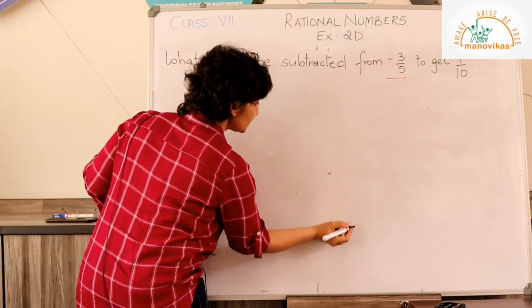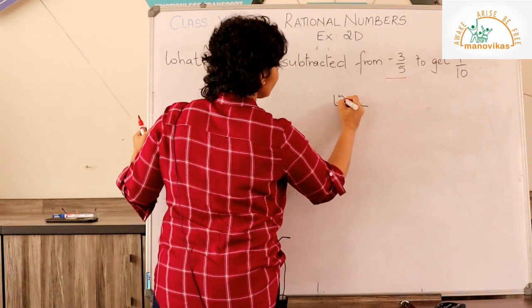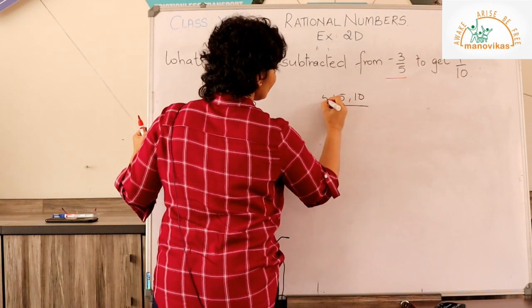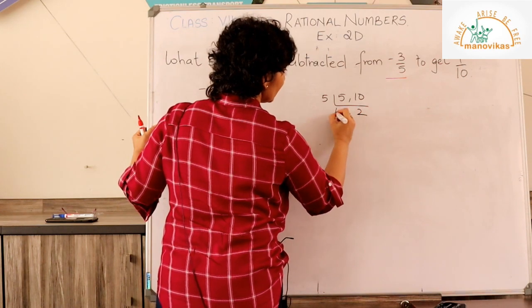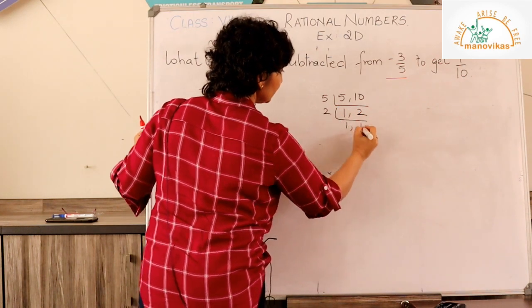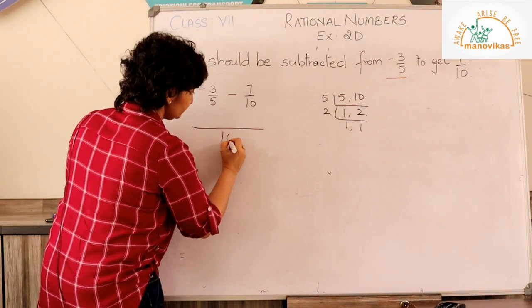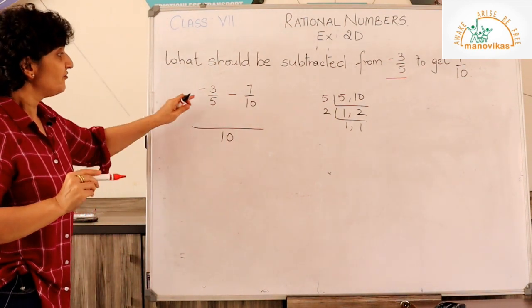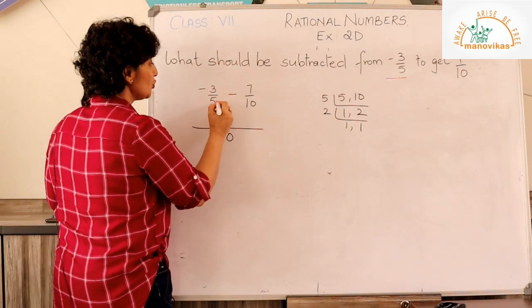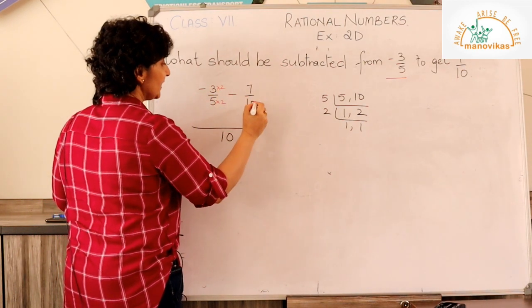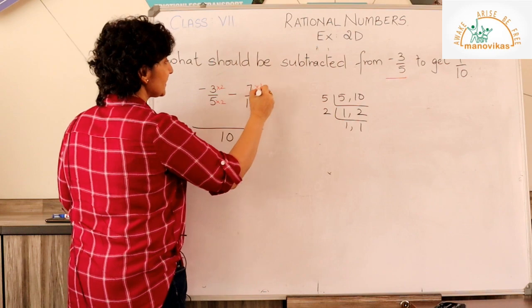So if I take the LCM of 5 and 10, I get 10. 5 one time, and 2 ones are 2, and 1. So 5 twos are 10. 5 goes how many times? 2 times. 10 goes 1 time.